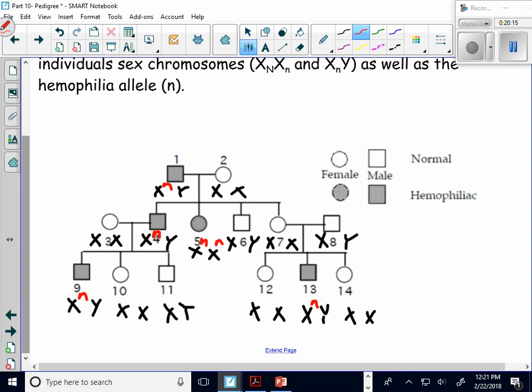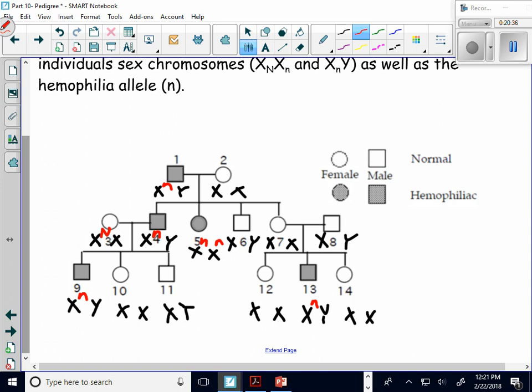Would you agree with Fletcher on that? How do you know that, Fletcher? She's not shaded, so she's got to be a capital N.